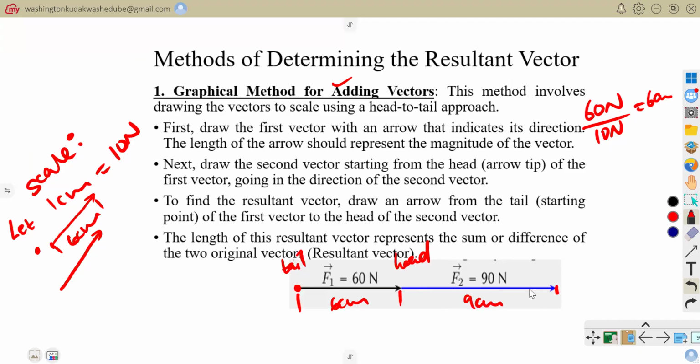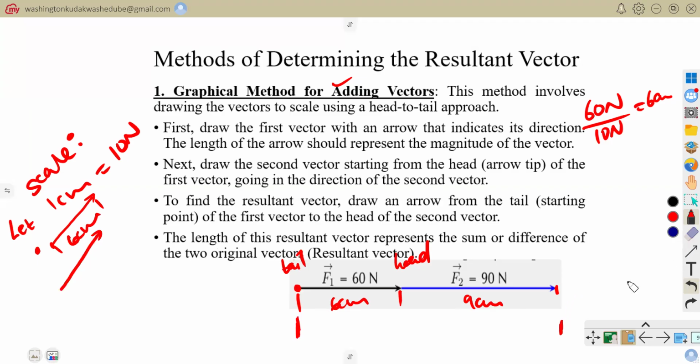The length of this arrow has to be 9 centimeters. To find the resultant vector, you draw an arrow from the tail of the first vector to the head of the second vector.